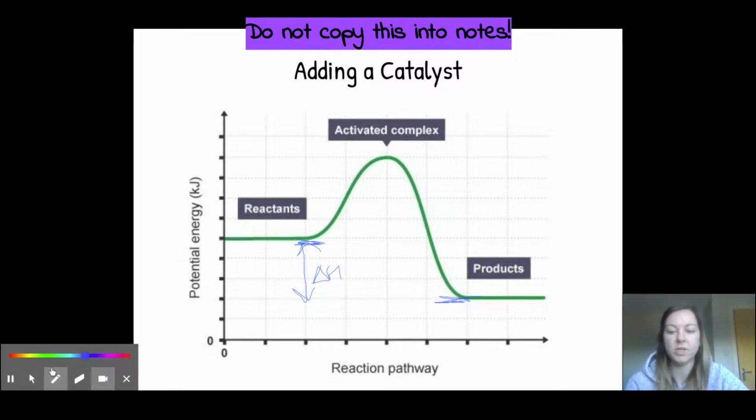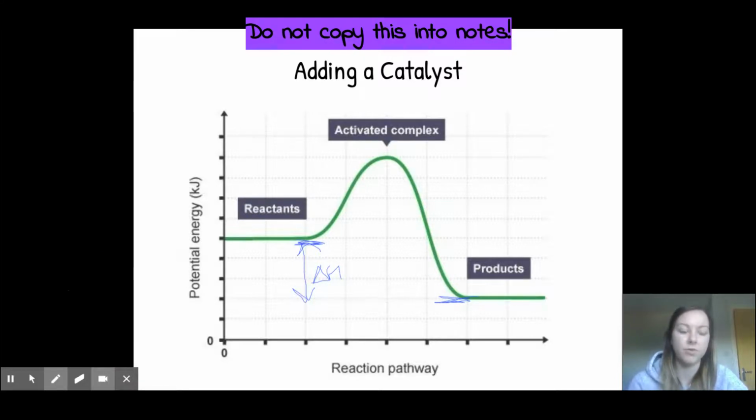Now, the activation energy can be annotated on this graph as well. The activation energy for the forward reaction is going to be how high that hill is. So how big the hill is, is the activation energy. So that's going to be here. So that's activation energy.